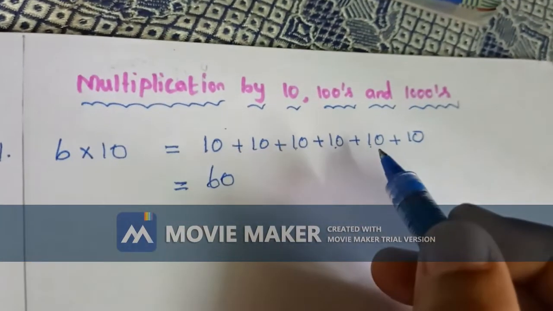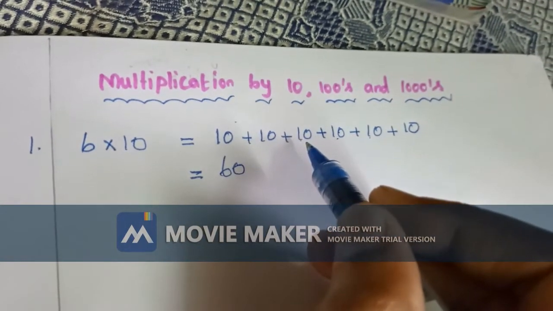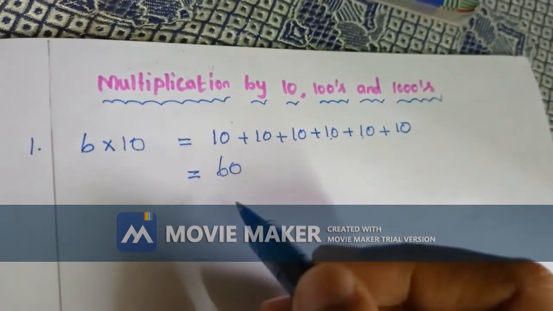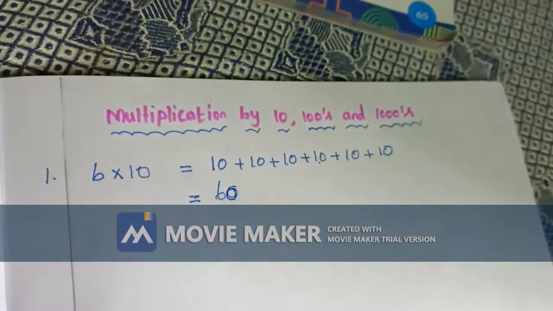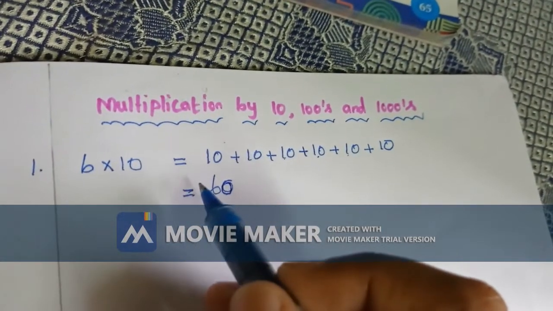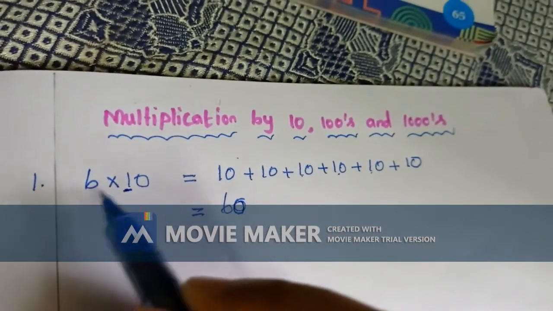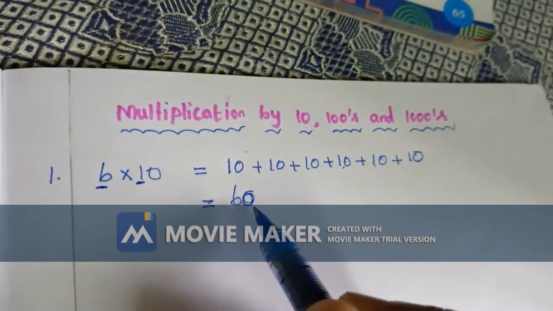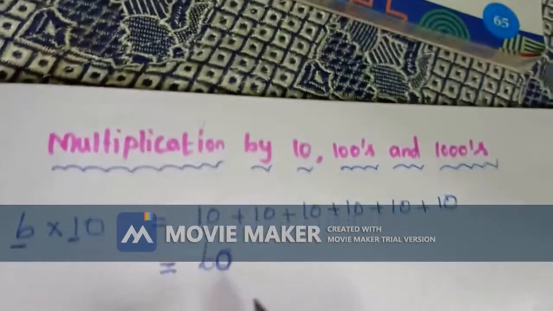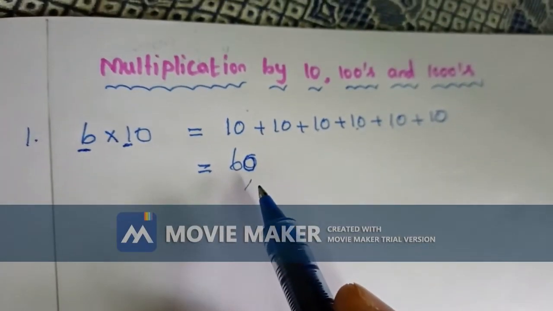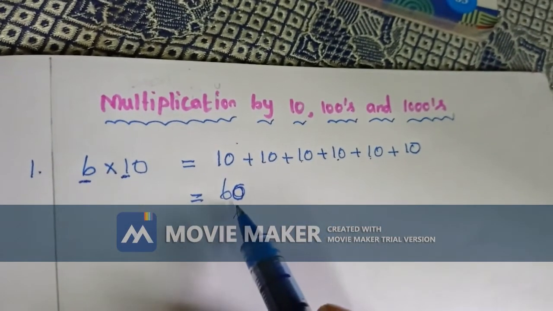Children, look here. We can see that the 0 appears to the right of the number being multiplied by 10.